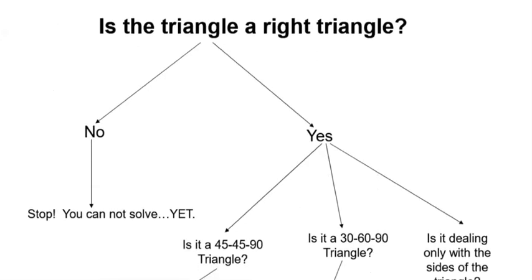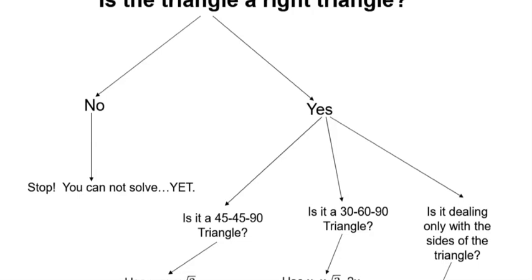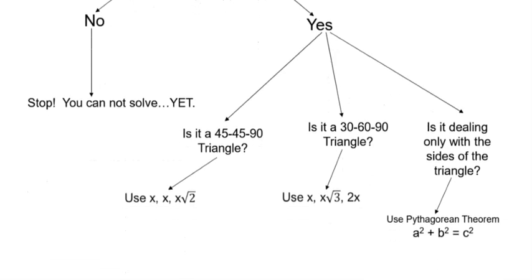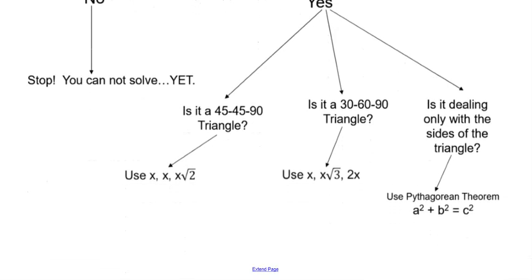Okay, so here's your thought process. Is the triangle a right triangle? If the answer is no, stop. You don't know how to solve that yet. If it's yes, you have three choices. 45, 45, 90: x, x, and x root 2. 30, 60, 90: x, x root 3, and 2x.